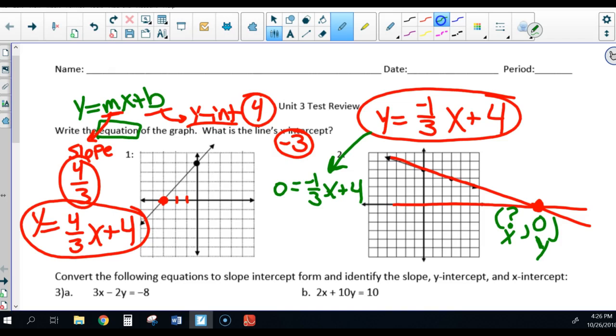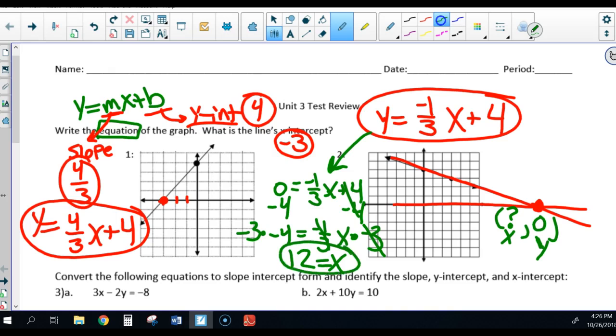However, you just need to get x by itself. -4 to both sides, -4 equals -1/3 x. To cancel out a -1/3, we're going to multiply by -3. So -1/3, -3 cancel out. X equals +12. That is our x-intercept.